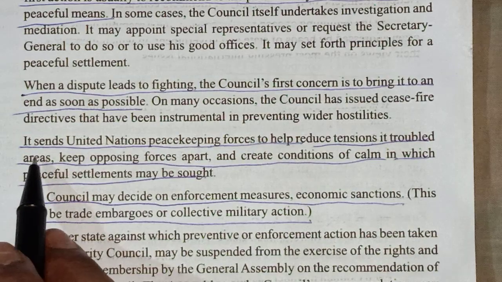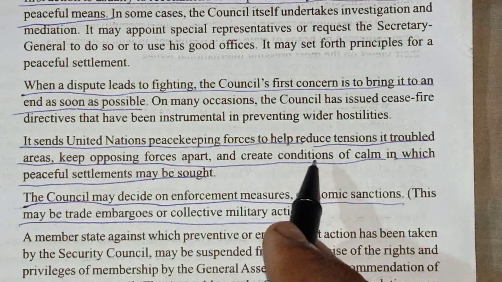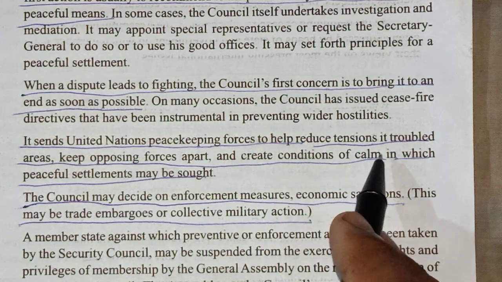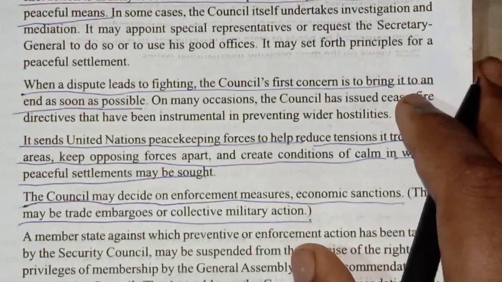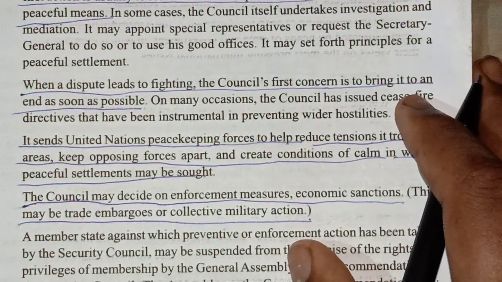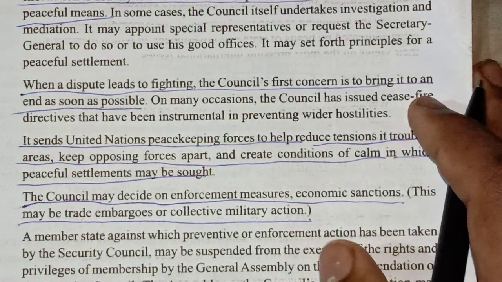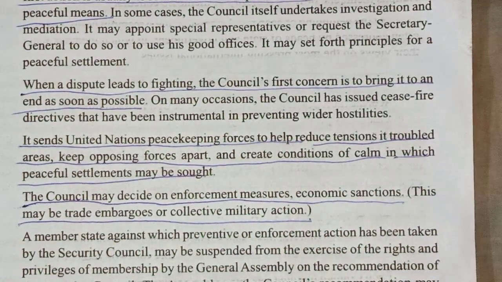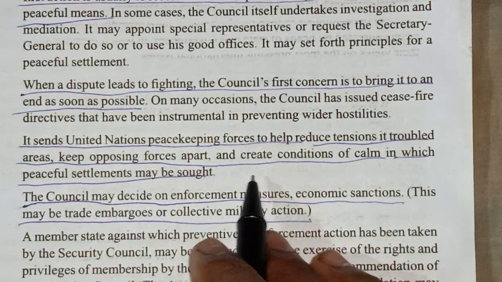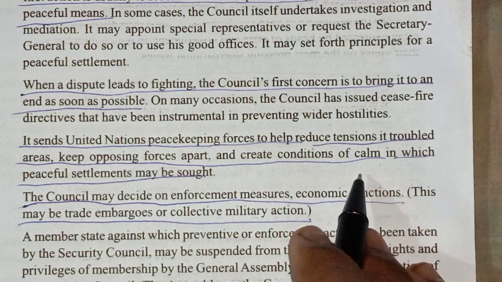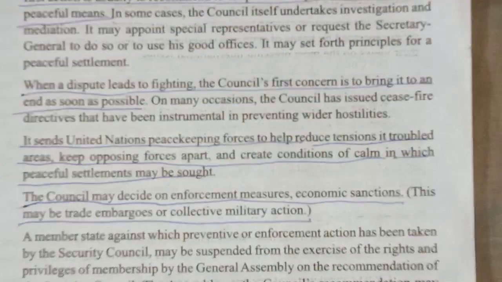Then it sends United Nations peacekeeping forces to help reduce tension in troubled areas. So United Nations peacekeeping forces are sent by the Security Council to reduce tension in troubled areas and keep opposing forces apart and create conditions of calm in which peaceful settlements may be sought.